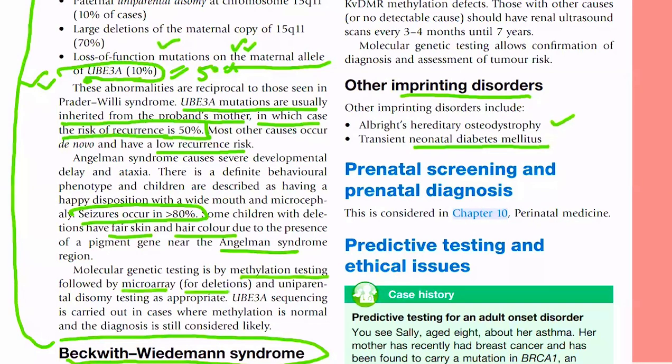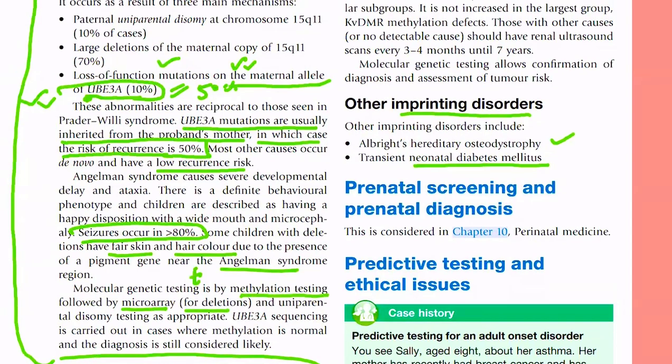Please do remember, here they have told us about the genetic testing. Very important. They have given many, but do remember this. When we want to know how many chromosomes are present or not present, we go for karyotyping, like your Turner syndrome X0.